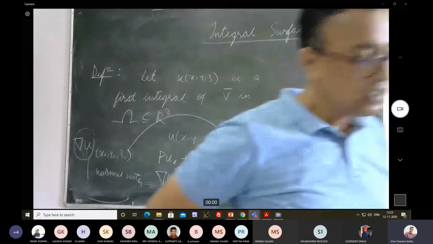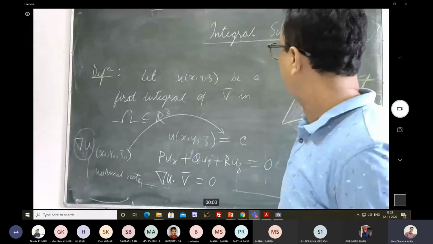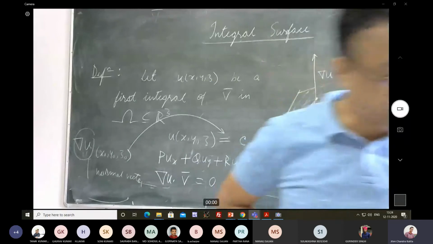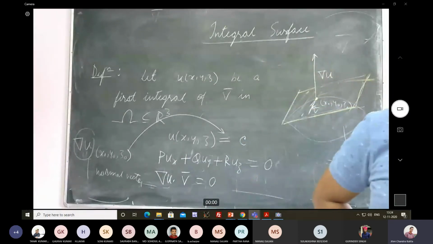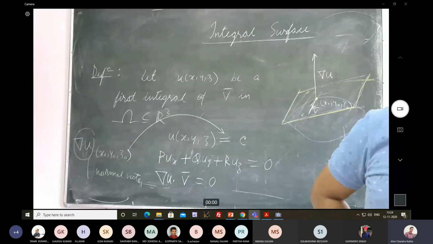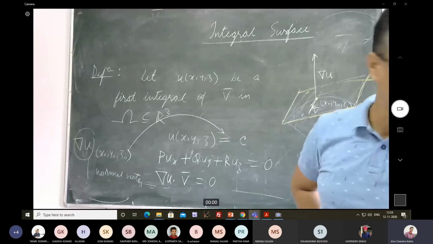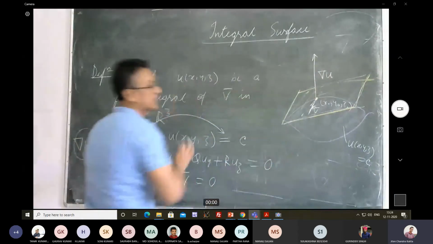The formal definition is a surface S in a domain omega in R3 is an integral surface of the vector field V if S is a level surface of the first integral of V. That's it. That is good enough for all this information.